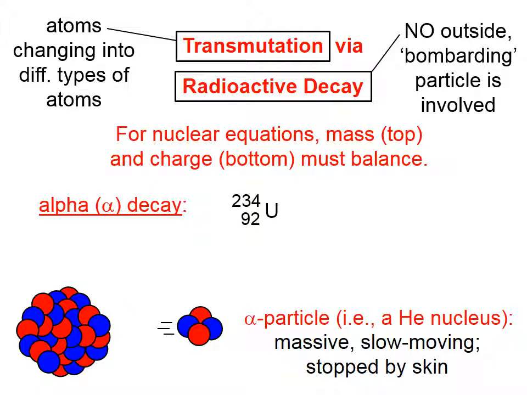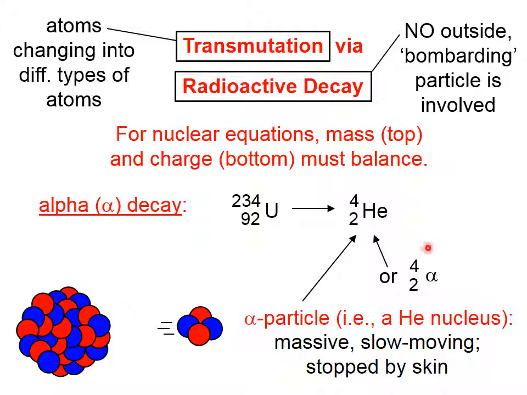Here's an example of a radioisotope that undergoes alpha decay. The mass of an alpha particle is 4, because it has 2 protons and 2 neutrons. The charge is positive 2, because of the 2 protons. And then we can either write He next to that, or you can write the symbol for an alpha particle.